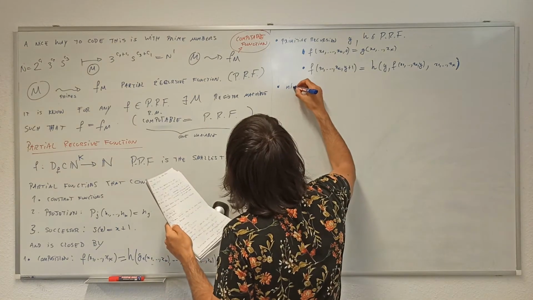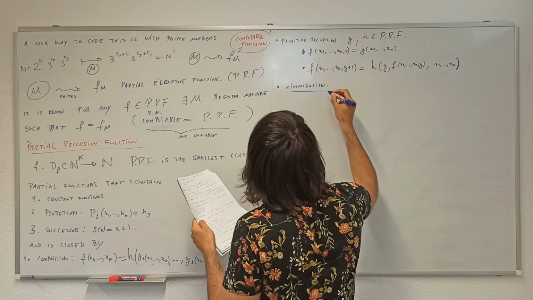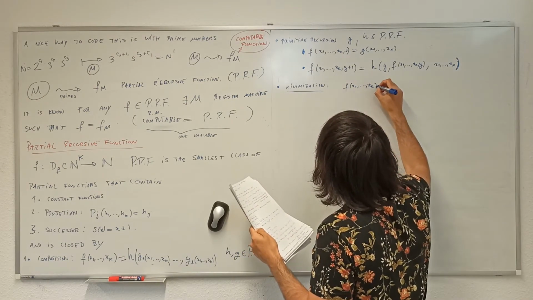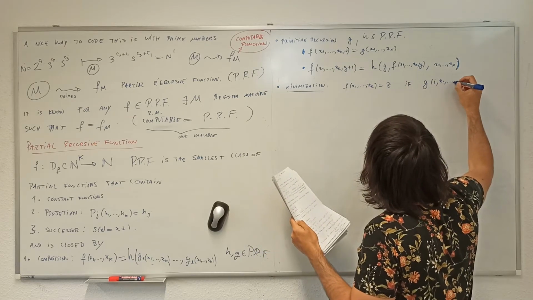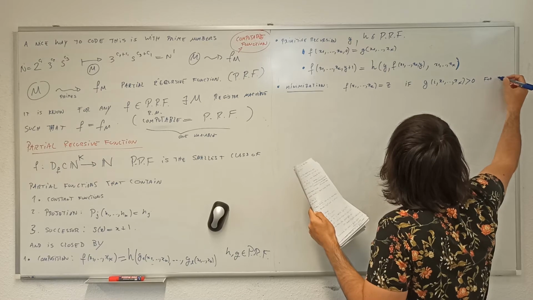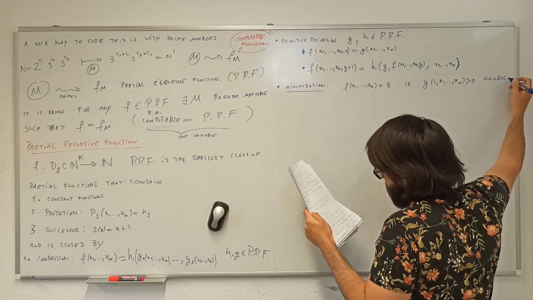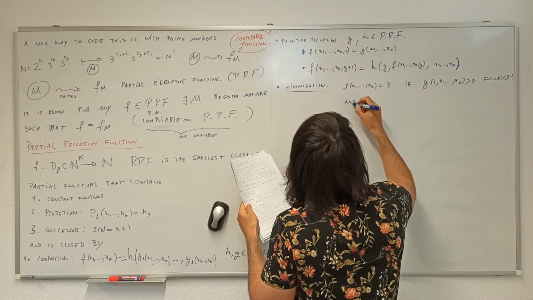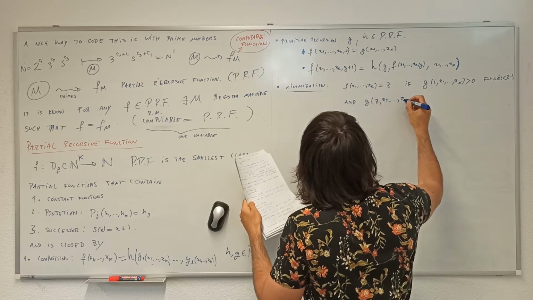And the other operation is minimization. I define f of x1 to xk equals z if gi of x1 to xk is well defined and positive for all i with 0 less than or equal to i less than z, and g of z, x1 to xk is 0.